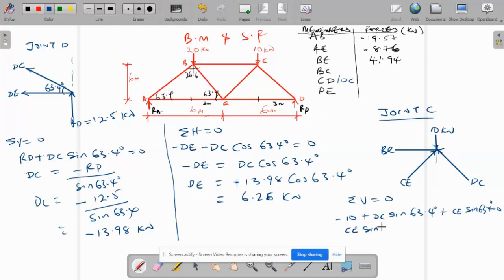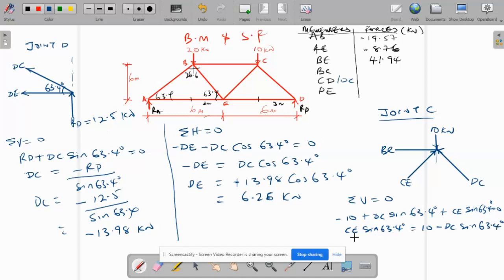sine 63.4 degrees is equal to, I'll move this to the other side, it changes to 10 plus minus, because we'll take this to the equality side, which is the right hand side, and it will change to minus DC sine 63.4 degrees.